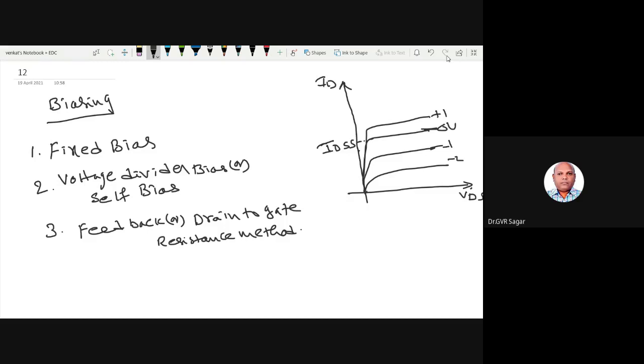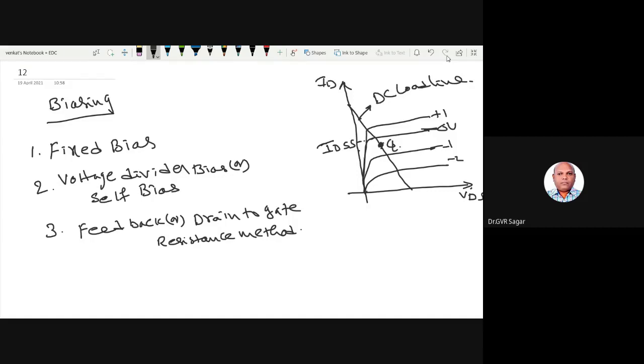Here, same, we have to draw a concept called the load line. I think I already explained this in the classroom: the DC load line. In this load line, we have to keep the operating point exactly at the center, Q. The Q point is nothing but the minimum values of IC and VCE, or minimum values of zero signal collector current and VCE.